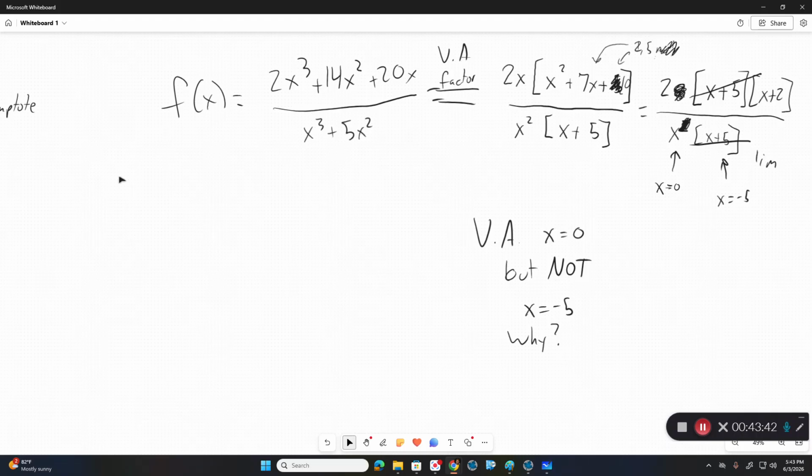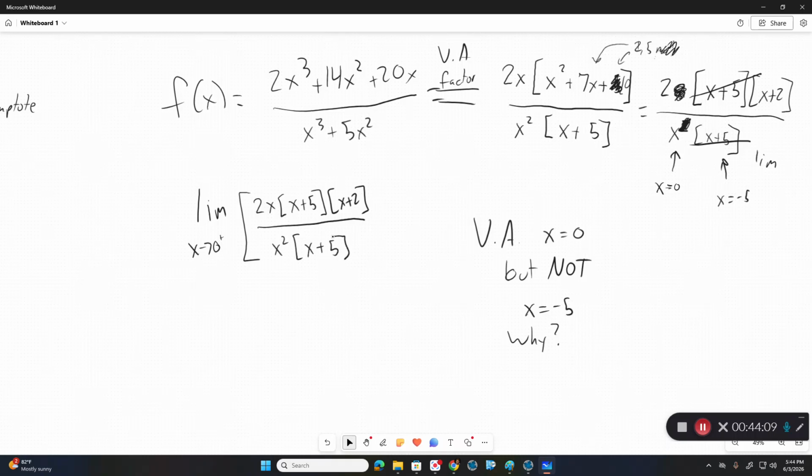But the question is, what values do we get as we start to plug them in? So what is, for example, the limit as x approaches 0 from the right? So this is going to be the limit of 2x times x plus 5 times x plus 2 over x squared times x plus 5. Now, as a reminder, we can cancel that whole term out, and we can cancel one of those x's.